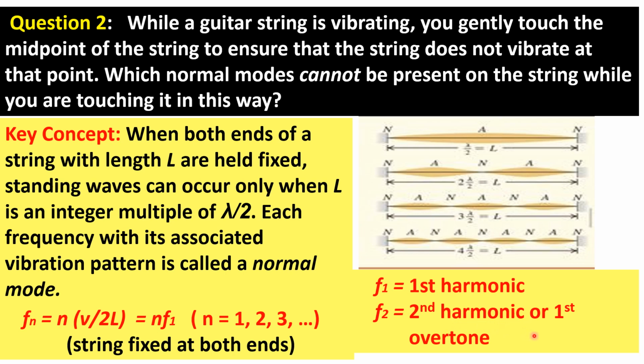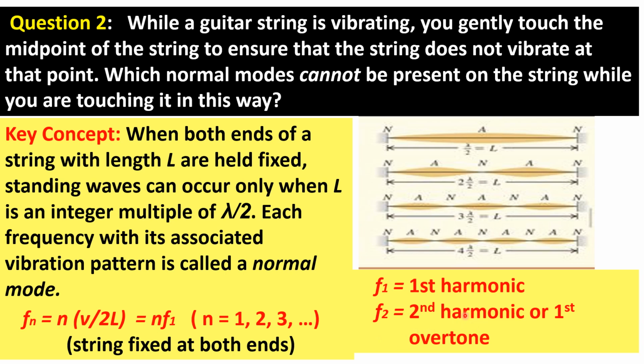But among musicians, the term corresponding to the second harmonic is the first overtone. Okay, the third harmonic is what they call the second overtone, and so on and so forth.